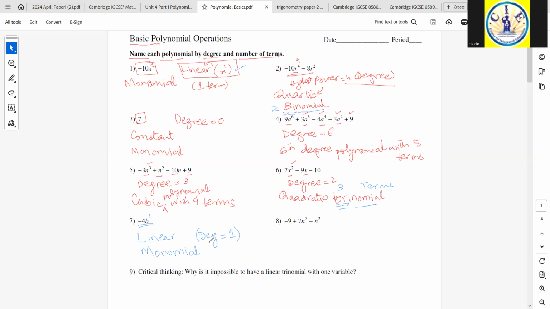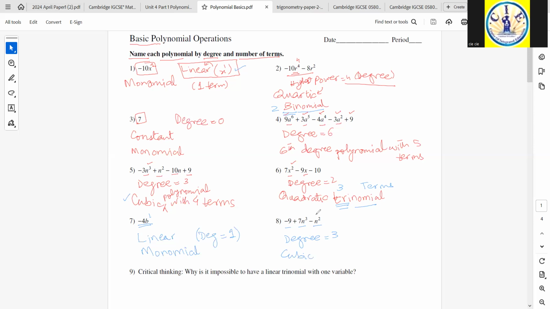Okay, then for question number 8, it has got highest power, that is called degree, that is 3. So that's why this is a cubic, as was the case in part 5, cubic.